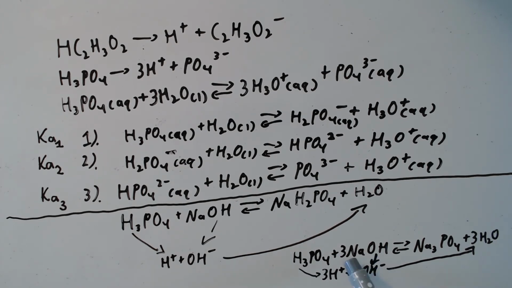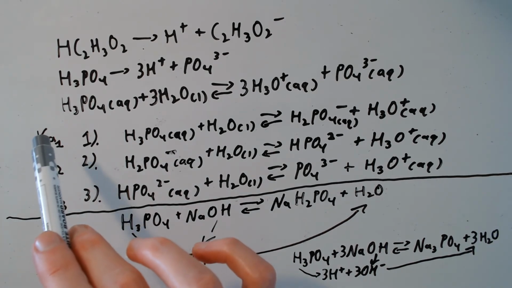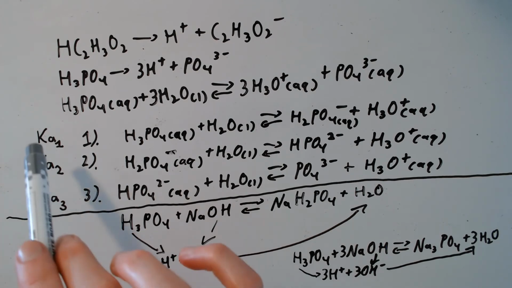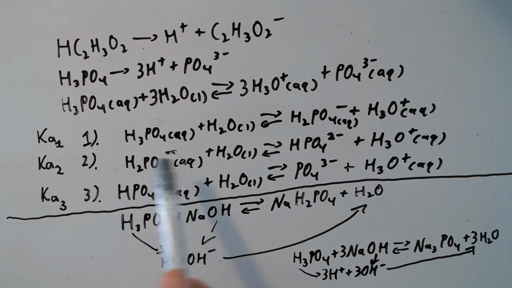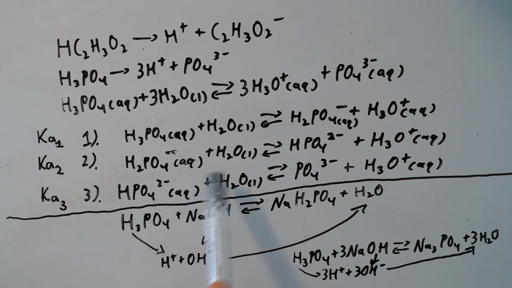In this case, since there are 3 of these OH-, it's going to take all 3 of these H's, no matter if the K2 is lower than K1 or K3 is lower than K2, no matter if it gets progressively harder to rip off these H's. This NaOH, because it's such a strong base, is going to take all of these 3 H pluses at one time, and it's going to produce 3 water molecules, because 3 OH- and 3 H plus form 3 water molecules.